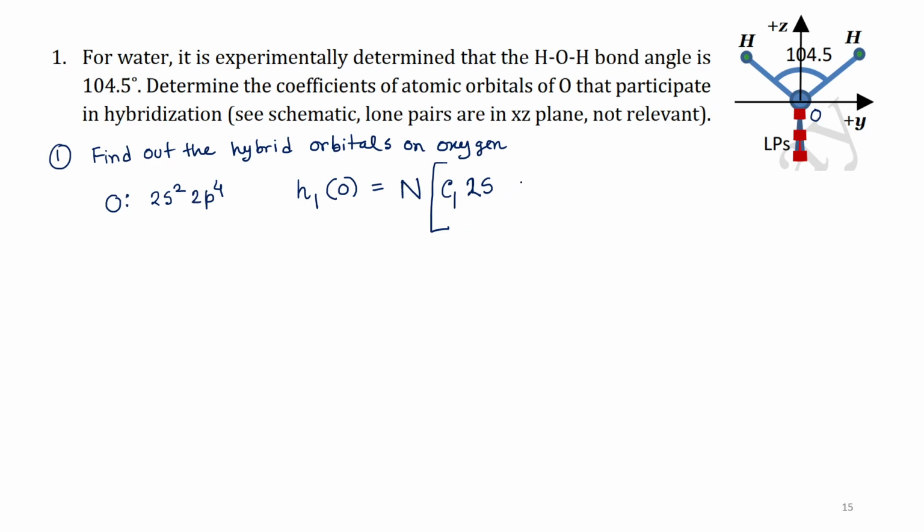Then it will have some contribution from the 2px, 2py and 2pz orbitals. But you will see that as the x-axis is orthogonal, or 90 degrees, to the yz plane, it would not have any contribution to the hybrid orbitals.